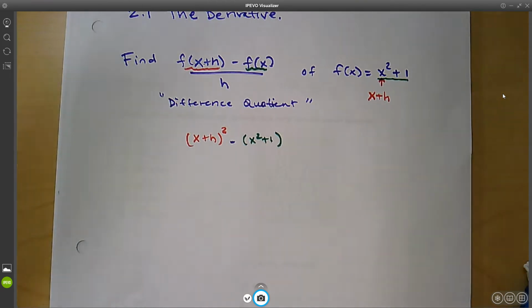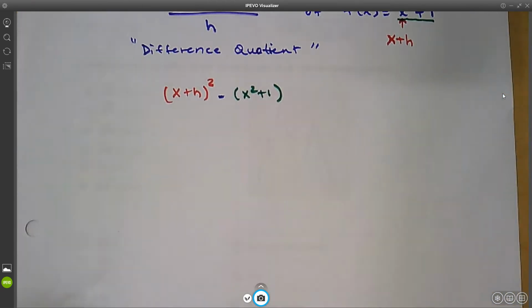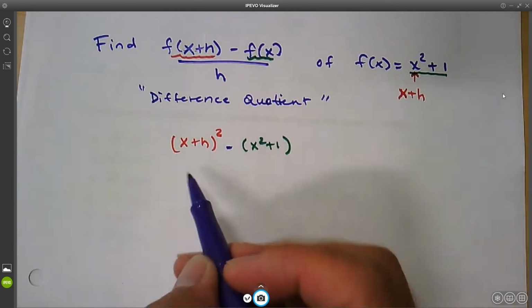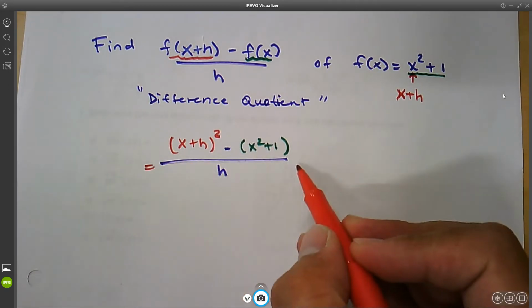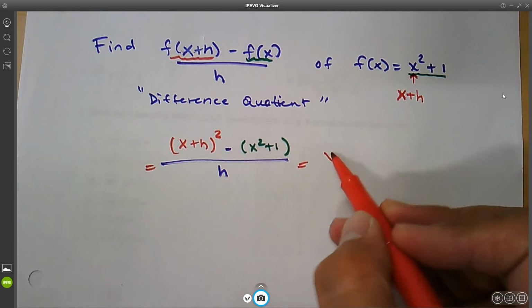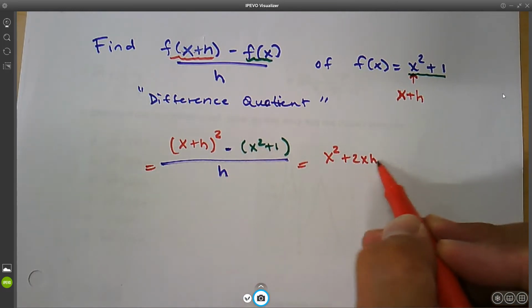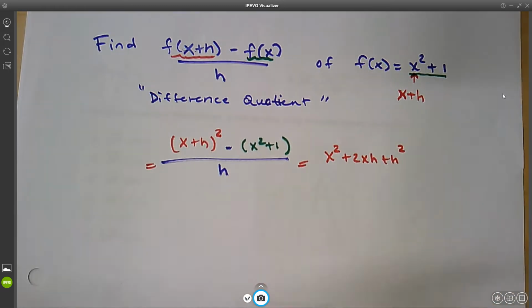Okay, and then there's an h down there. So you toss an h there. Your goal is just to simplify as much as possible. So you guys will go on and square this. So that squares.